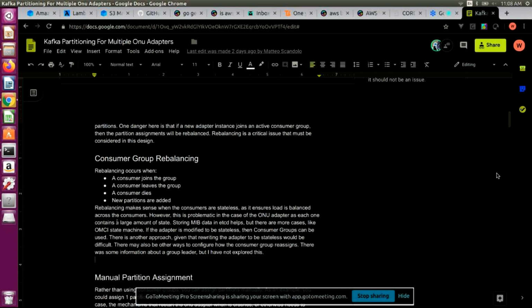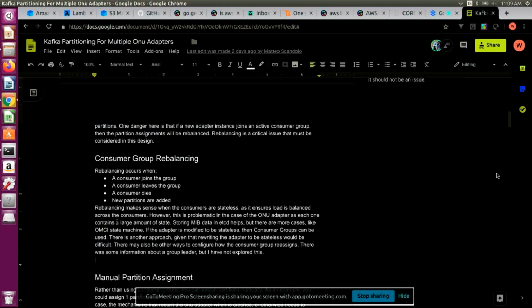And the automatic ways of doing this, like assigning a partition based on the hash of a key, the math changes if there's a new partition. The same thing is true if a partition leaves a group, or if a consumer dies, joins or leaves. That changes how you do it.